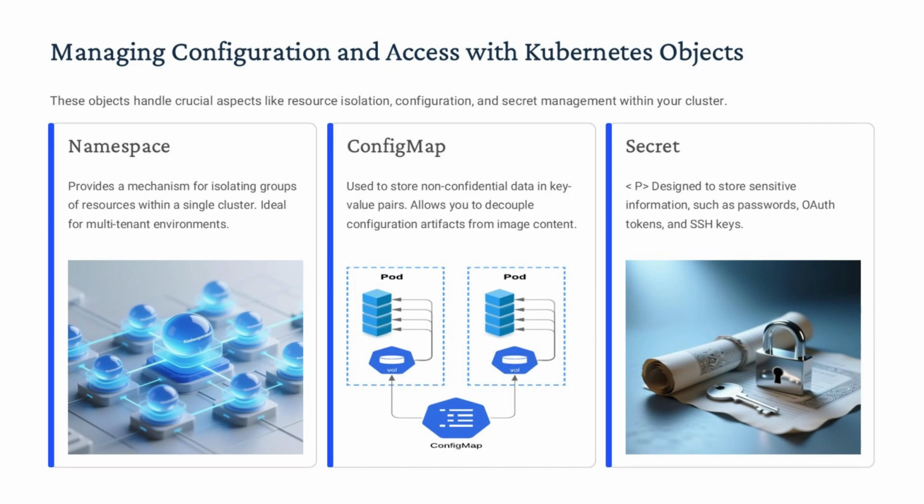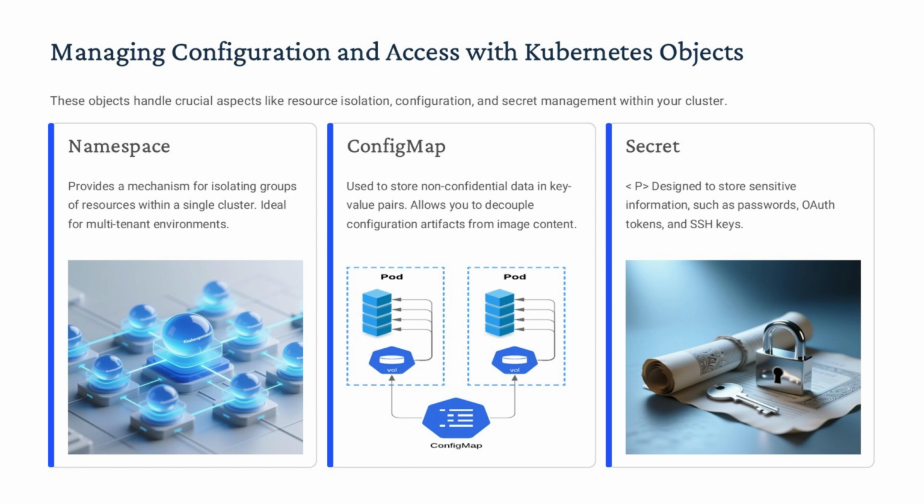Applications aren't just code, they need configuration and secrets. Kubernetes handles it elegantly. We use namespaces to organize resources. Think of this as a virtual wall inside your cluster to separate different teams or environments. For settings, we use ConfigMap.